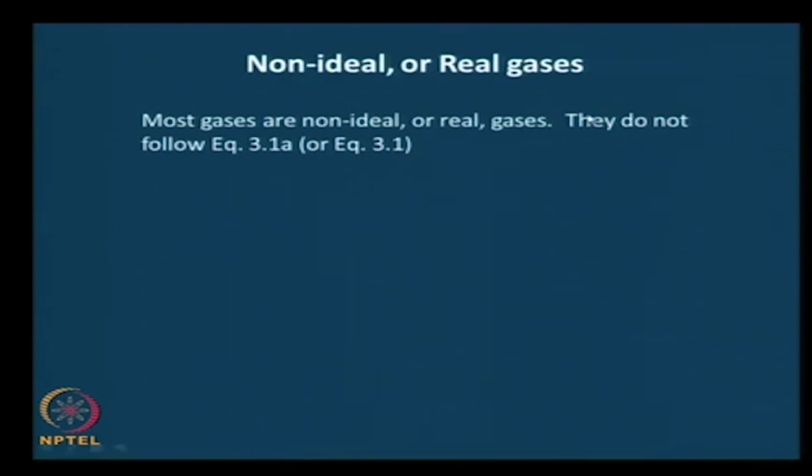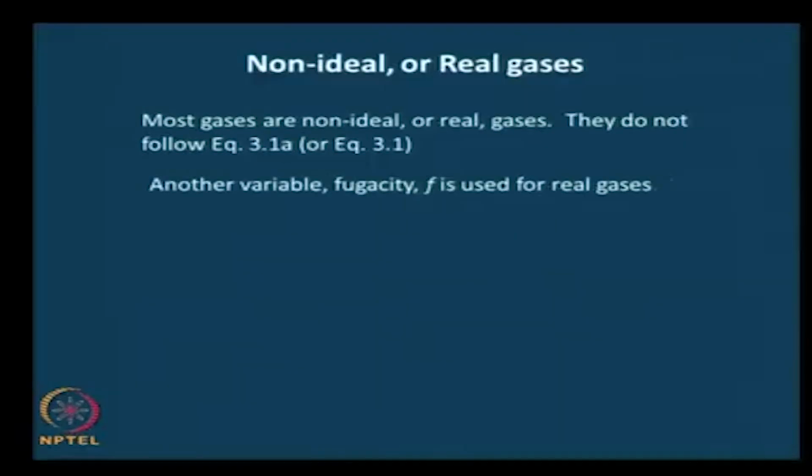As may be apparent, if it is a real gas, it is not going to follow the ideal gas equation; in other words, for real gases PV is not equal to RT, or the chemical potential mu of a pure real gas cannot be expressed as mu naught plus RT ln P. Therefore, we need another variable, and that variable happens to be called fugacity F, which is used for real gases.